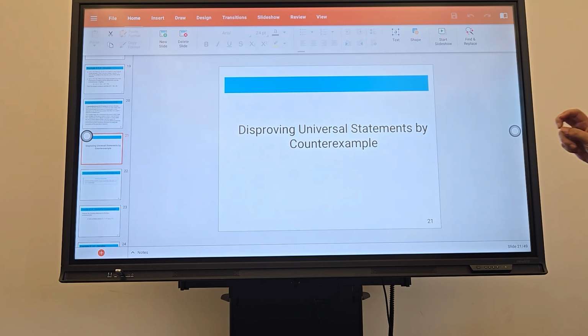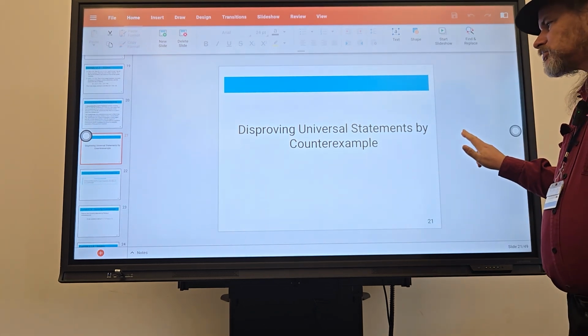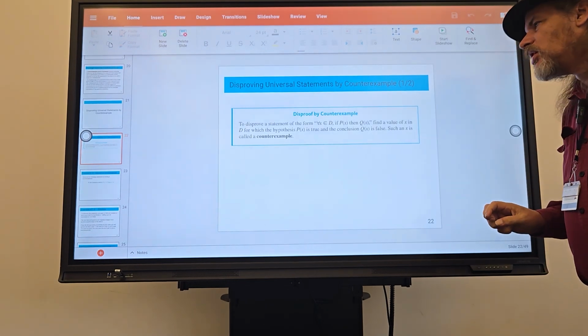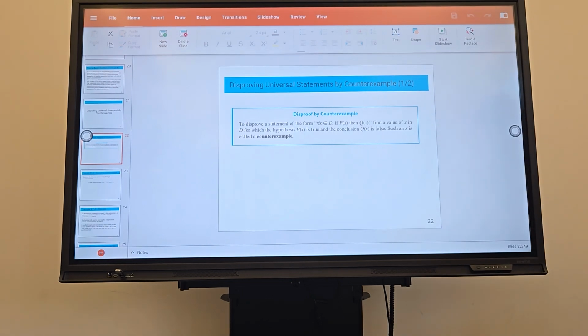Disproving a universal statement by counterexample. To disprove a statement of the form for all x that are elements of D, if P then Q, find a value of x in D in which the hypothesis P of x is true and the conclusion is false.